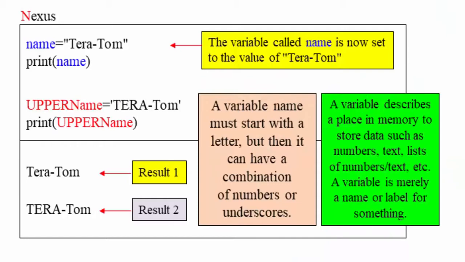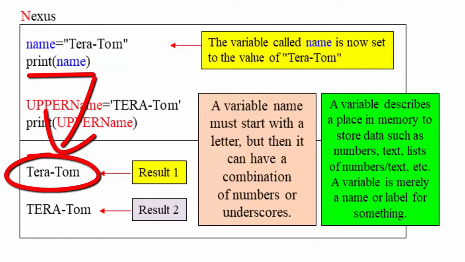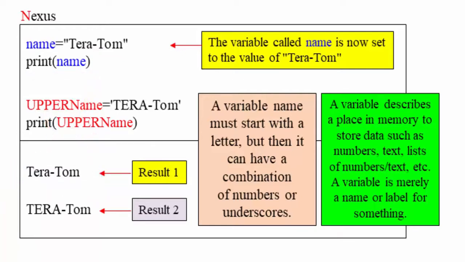So let's take a look at this. Our variable is called name. Name equals Tom. And then I say print name, and it prints out Tom. Here's my next example.